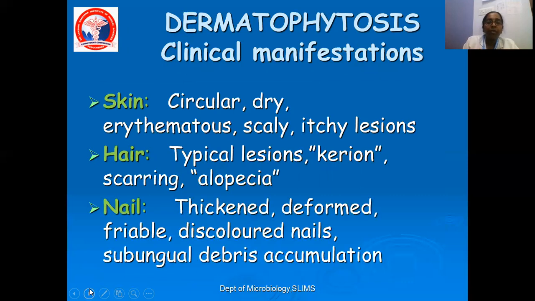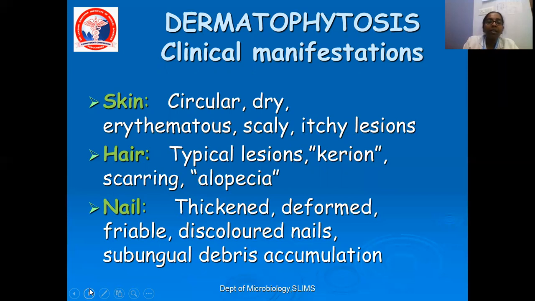As I already mentioned, in the skin, there are usually circular, dry, erythematous, scaly, itchy lesions. In the hair, the typical lesions are kerion, which results in scarring alopecia. In hair infection, there are two types, that is kerion and favus. Kerion is an infection which causes alopecia, patchy alopecia can be seen.